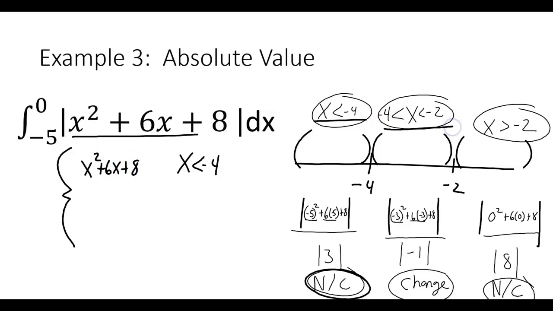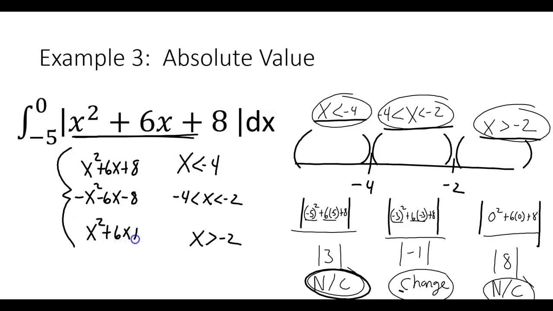For all x between negative 4 and negative 2, there will be a change. So it's going to change all these signs. And then finally, for all x greater than negative 2, there's no change once again. So there, we've gotten step 1 done. We've successfully changed it into a piecewise function, I should say.